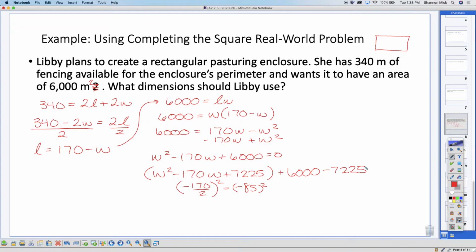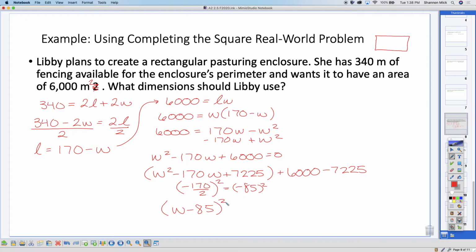W squared minus W minus 85 squared, minus 775. Wouldn't that be 775?